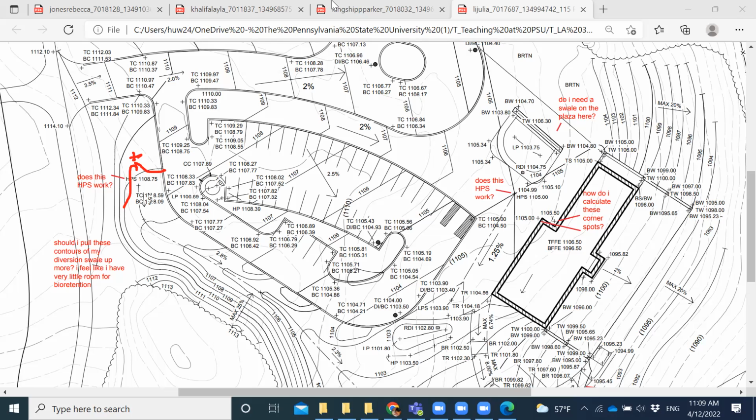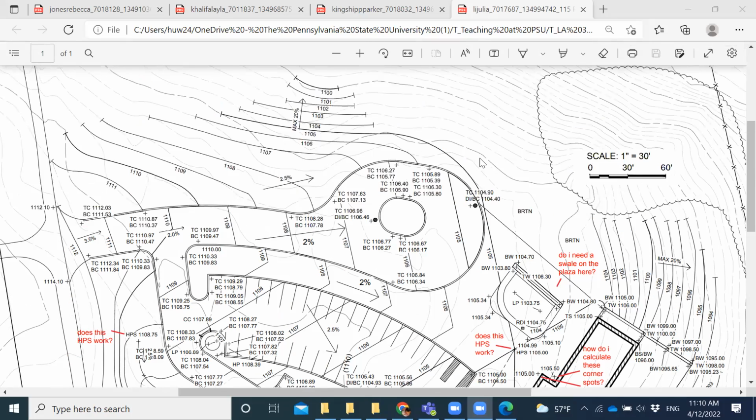Well, depending on your calculation, yeah, above the 1109. Okay, that's that. Oh, no worries.